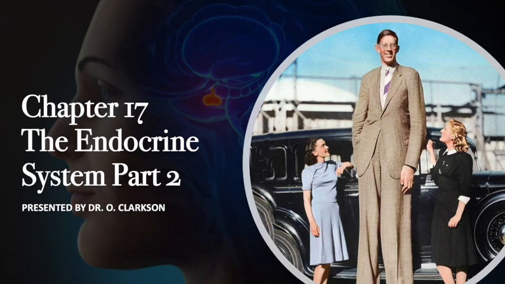So the three major categories are going to be amino acid derived, right? So like T3, T4, melatonin is another example, epinephrine, norepinephrine. There's going to be peptide-derived. Do you guys remember some of the peptide-derived hormones? Take a guess. You guys remember what a peptide is?